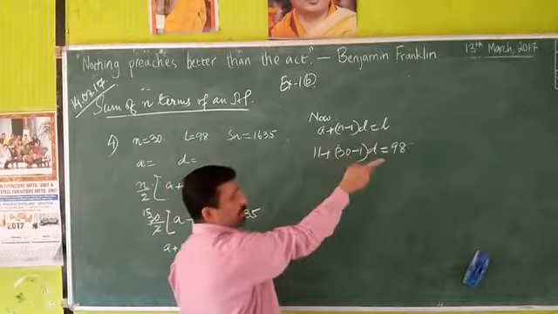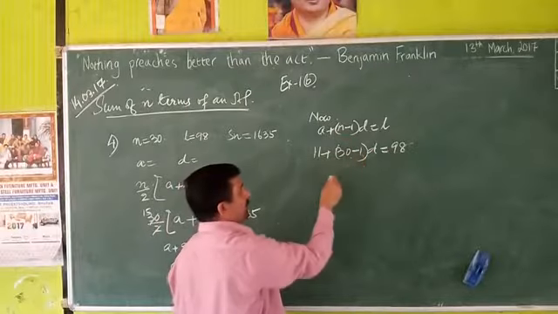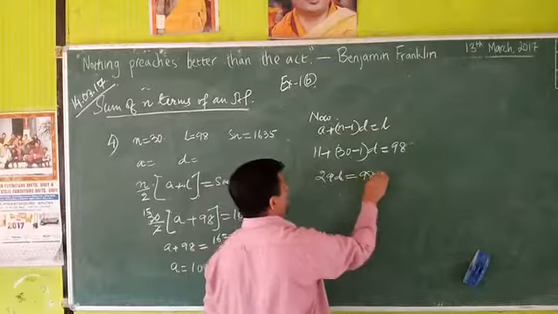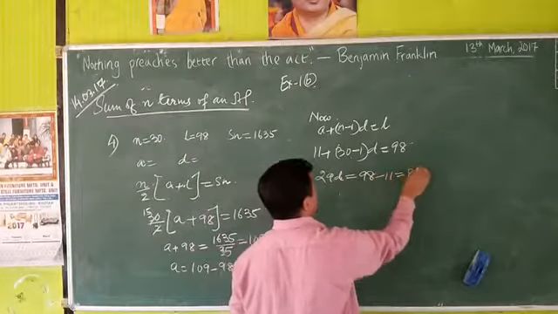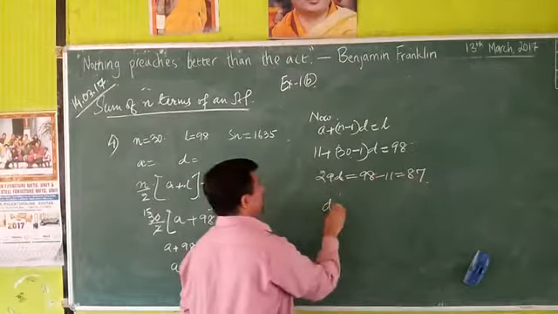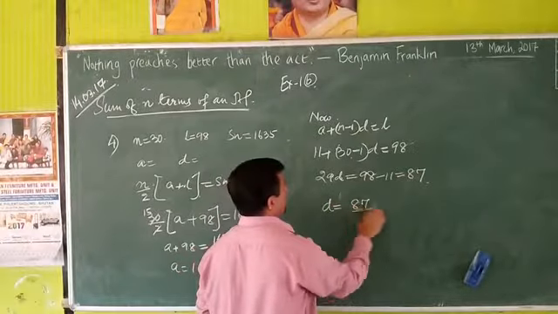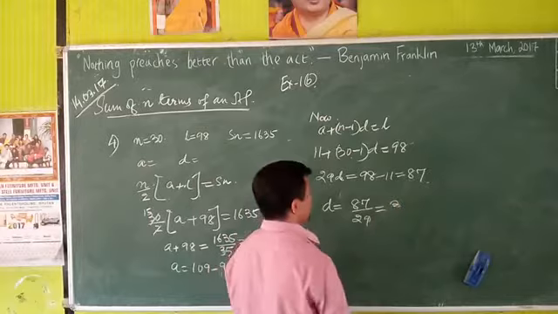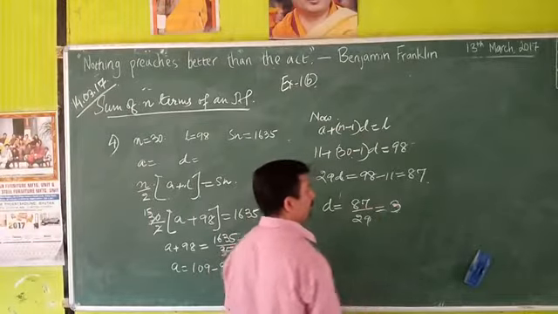Now 11 will go to the right side, and at the same time this will be simplified. This becomes 29D, and 98 minus 11 is 87. Therefore D is equal to 87 divided by 29, which is equal to 3.